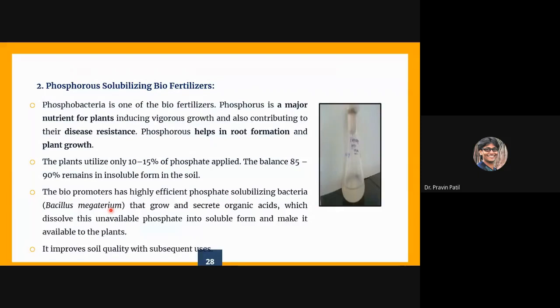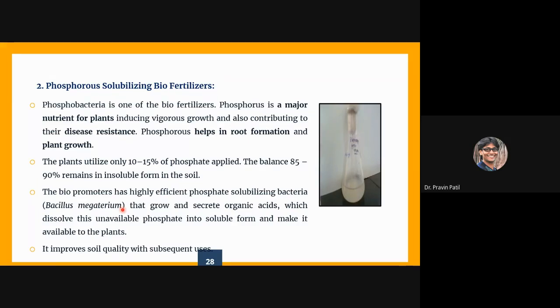Phosphorus is a major nutrient for plants, and that can be fixed by specific bacteria, the most common of which is Bacillus megaterium. Those can grow and secrete organic acid which dissolves this unavailable phosphate into soluble form.